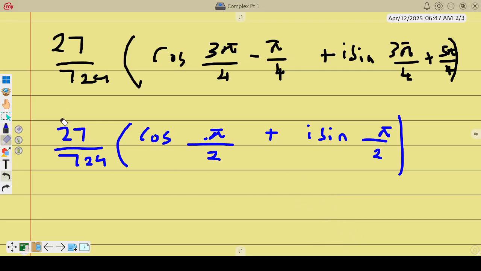Oh, and by the way, you also have to simplify. If you divide by 3, you have 9 over, what about when you divide 729 by 3? You're going to get 243.